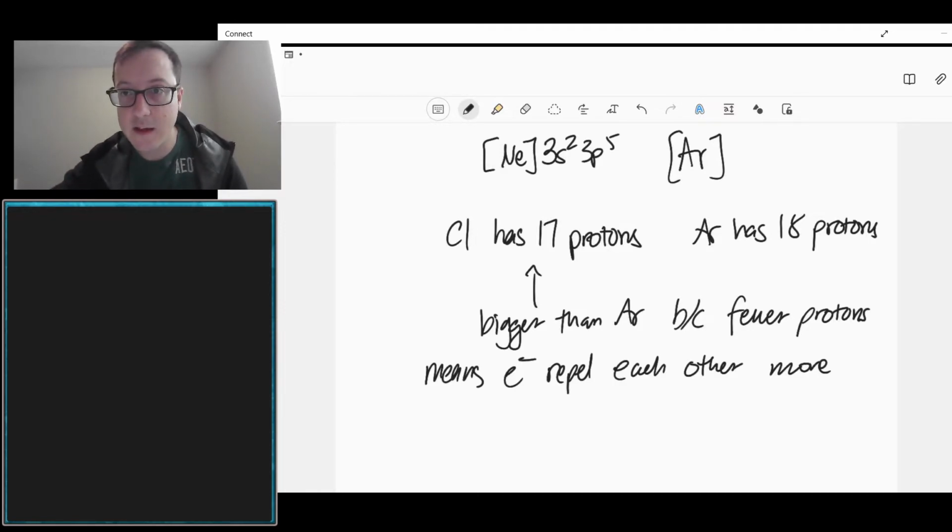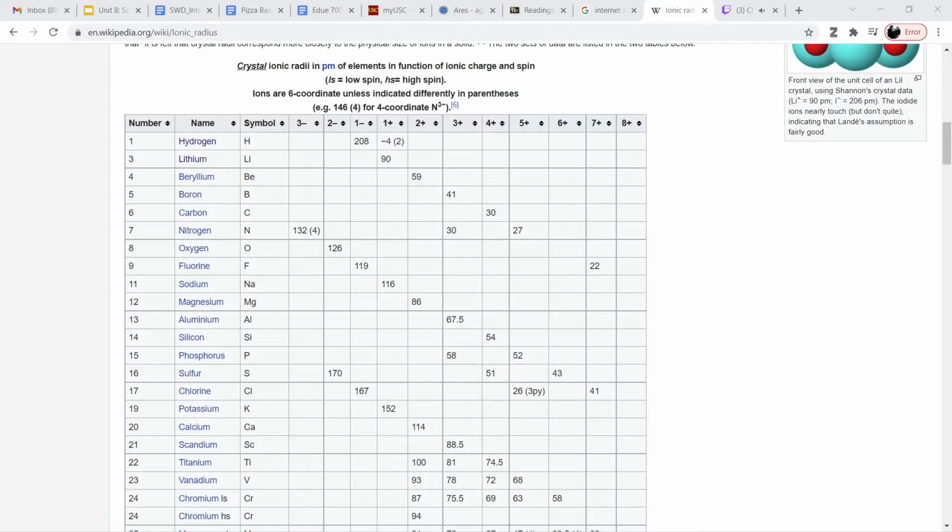And so let's go ahead and take a look at some numbers. Let's look at ionic radius. Wikipedia thankfully has all the numbers we could ever need. So the ionic radius for some of these elements, let's take a look at sodium.